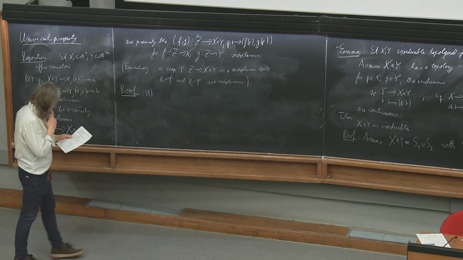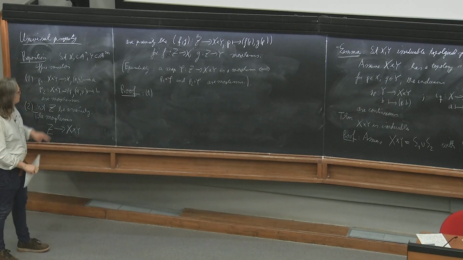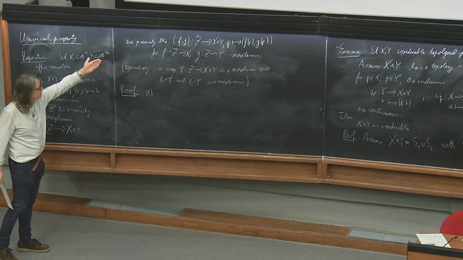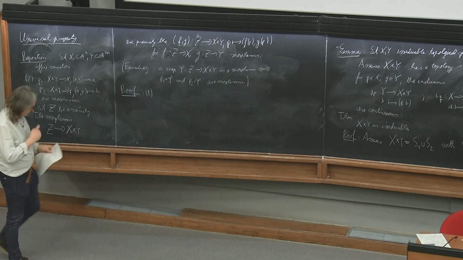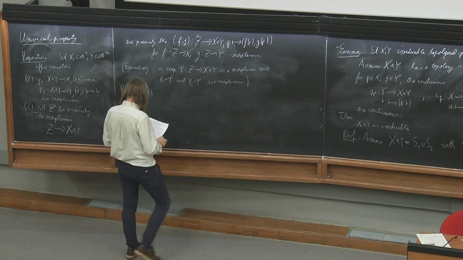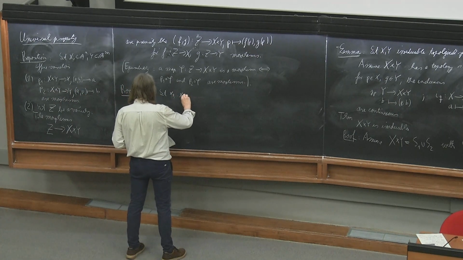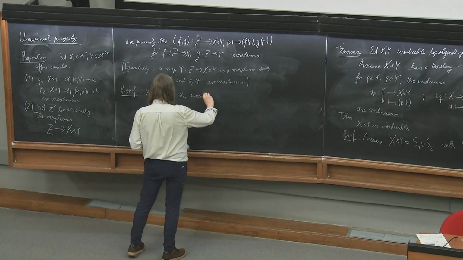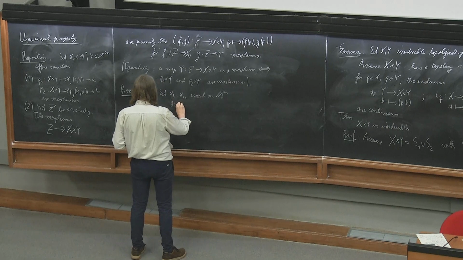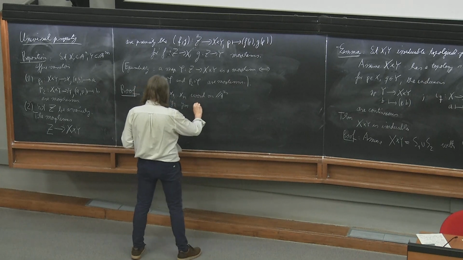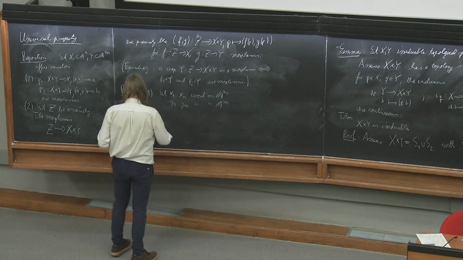The first statement is in some sense entirely obvious because we are in affine space, A^n and A^m, and obviously we can write the projections in terms of the coordinates. So let x1 to xn be the coordinates on A^n, and y1 to ym the coordinates on A^m, the second factor.